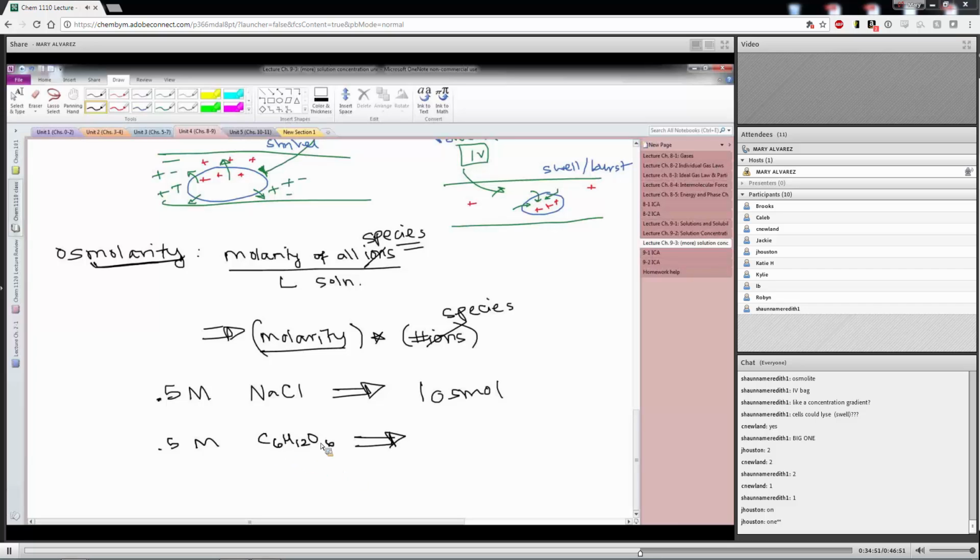Glucose is a covalent compound. Covalent compounds do not dissociate. And so, since it's just one thing, this ends up translating to 0.5 osmol, right? So I took my molarity and multiplied it by the number of things that are going to be in solution to get my osmolarity. You guys following me here?